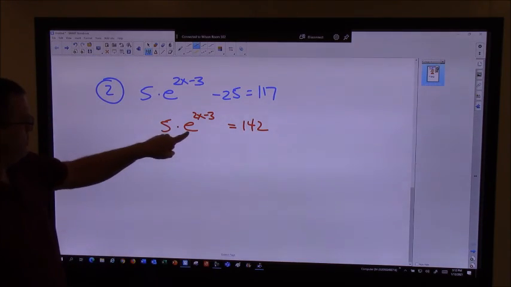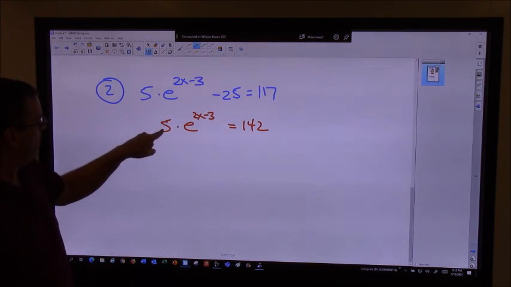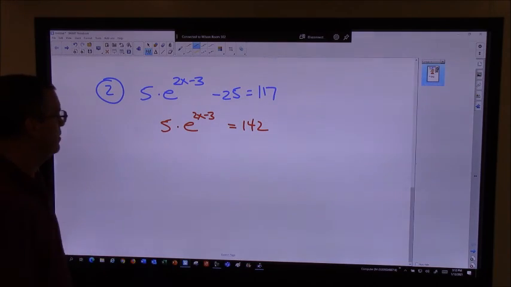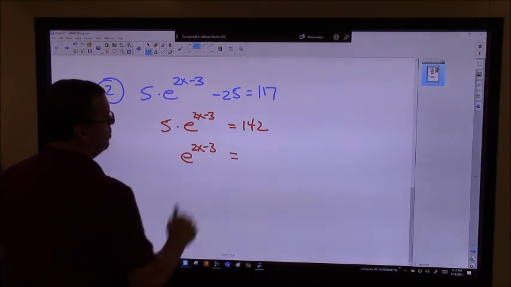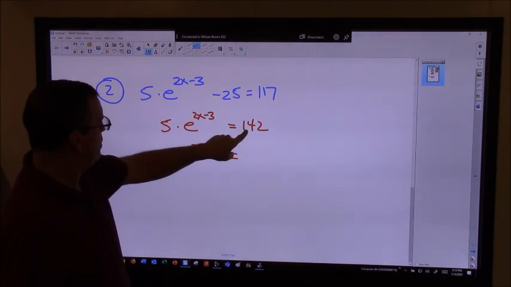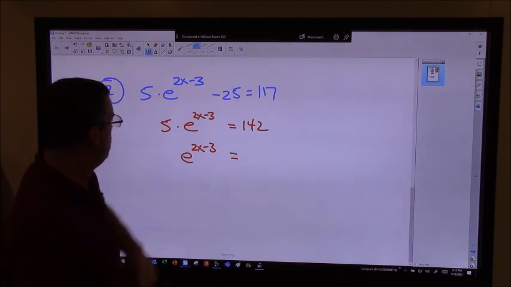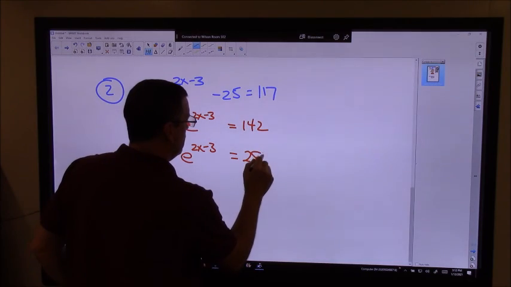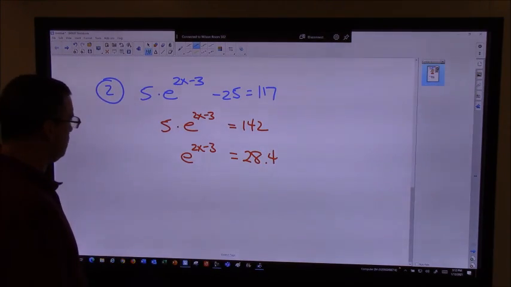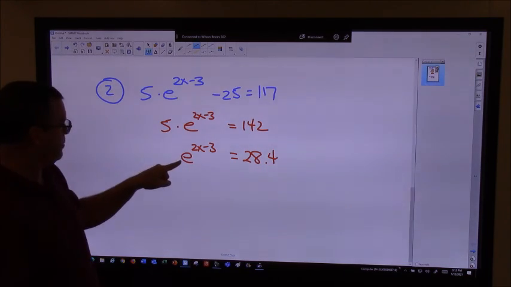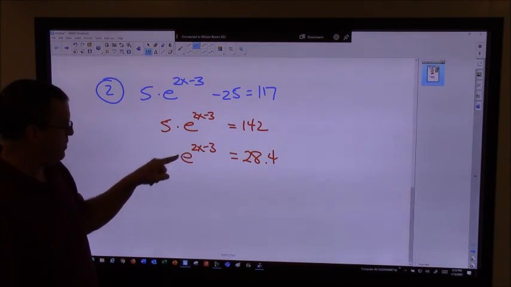Okay, I still have my base and my exponent here. I got to get rid of the 5, so I'm going to move that over and divide. So I'm going to have e to the 2x minus 3 equals, let's see, 5 goes into there, 28.4, I believe. You guys double check that on your calculator, all right? All right, base is isolated, the base and the exponent.